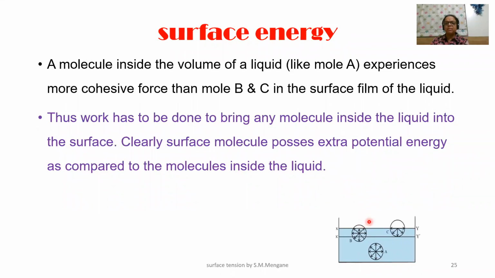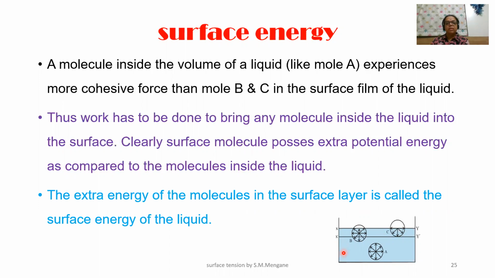Clearly, surface molecules possess extra potential energy as compared to the molecules inside the liquid. The extra potential energy in the surface layer is called the surface energy of the liquid.